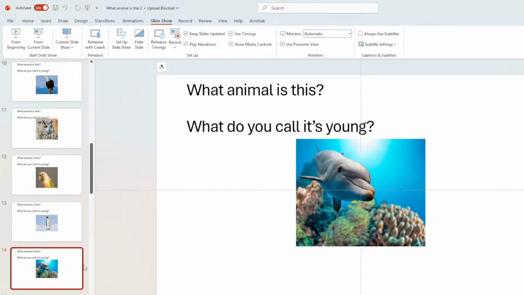Alright, so that animal is a dolphin. Okay, it's a dolphin. That is the name of that animal. It's a dolphin. And since it's a dolphin, we need to know what you call the young one of a dolphin. What do you call the young one of a dolphin?